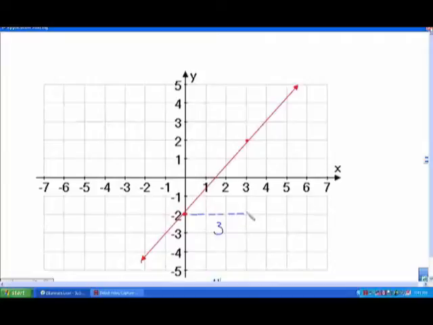And then we'll go up 1, 2, 3, 4 units for a rise of 4. And in algebraic notation, we refer to slope m as the rise over run. So in this case, it would be 4 over 3. So the slope of this line is 4/3.